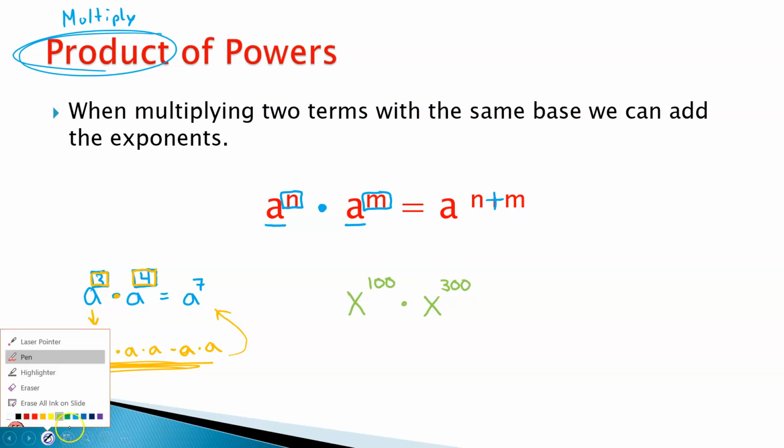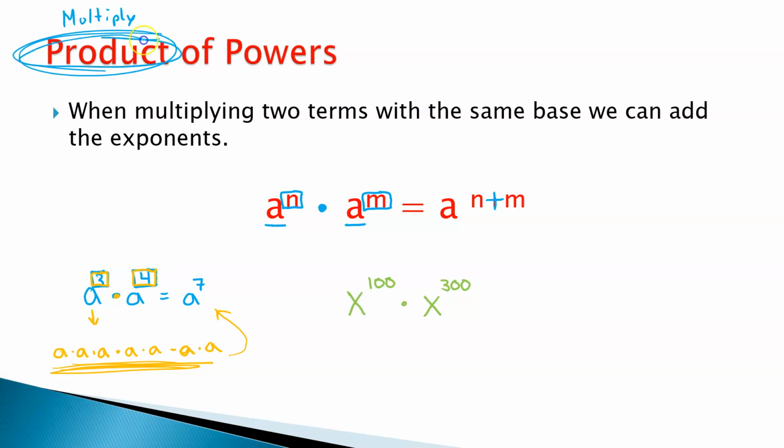We know that, hey, product of powers, we are multiplying these x's together, and they are the same base, x and x. What can I do with those exponents? We're simply going to add them. So what is 100 plus 300? That gives us 400. This would be x to the 400th power. Okay, that's how we simplify that expression there.